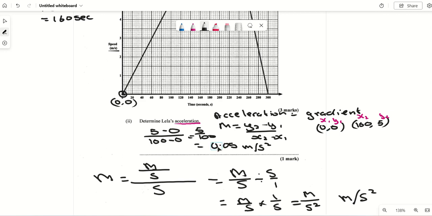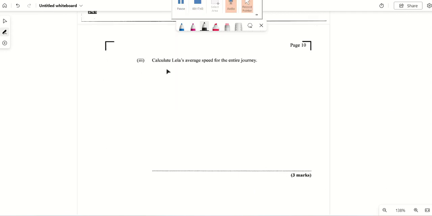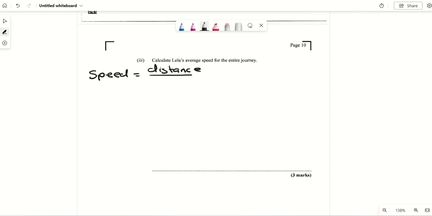If you do not know your unit, you can always put the units that we have into the formula that was used to get the final units you need. Part 3 says Leah's average speed for the entire journey. Now, speed is a formula you have to know. Speed is equal to distance over time.